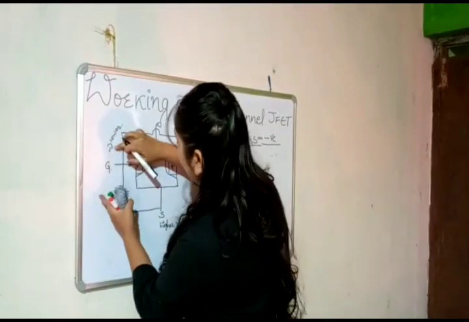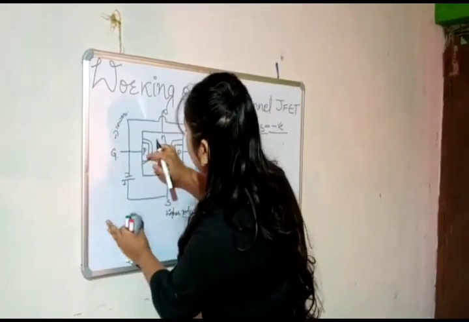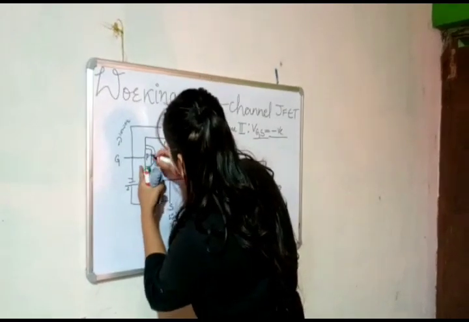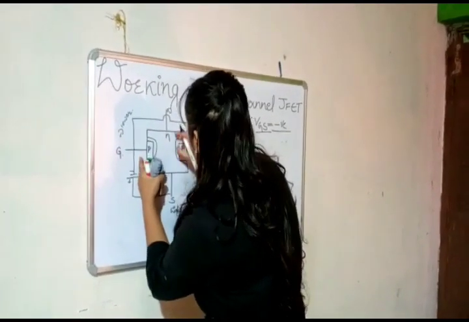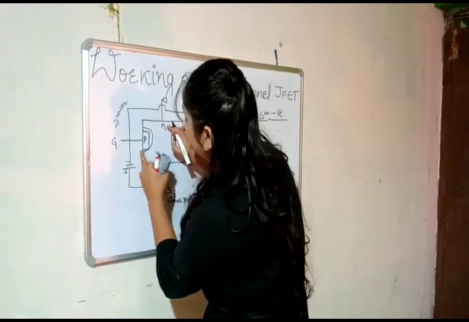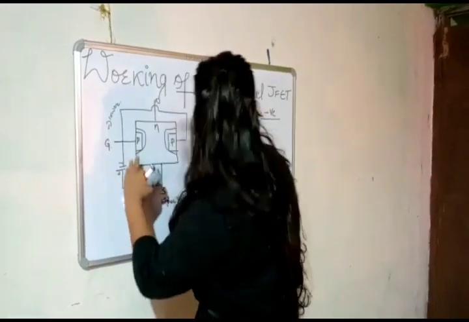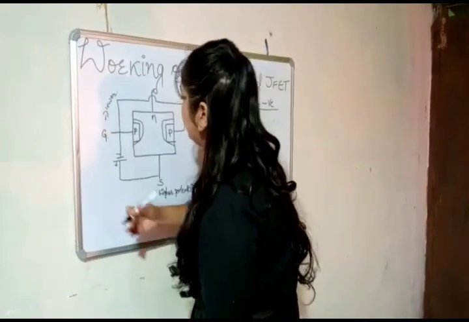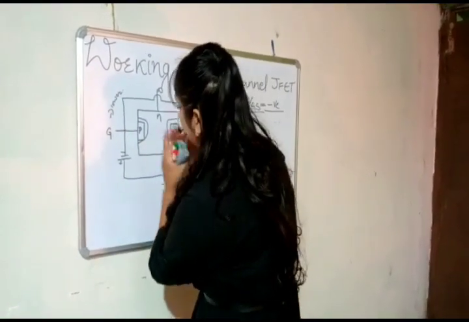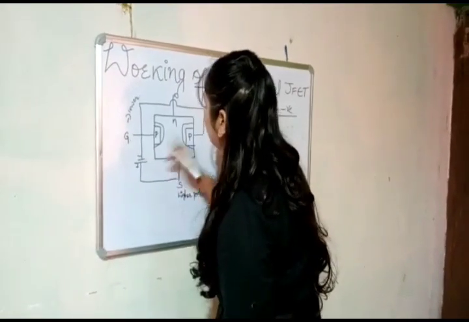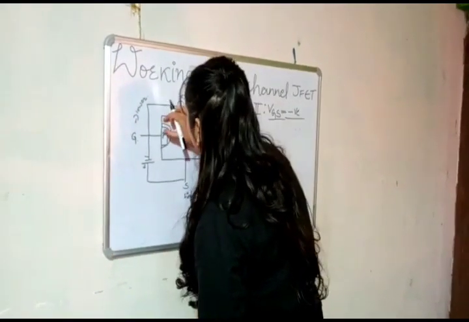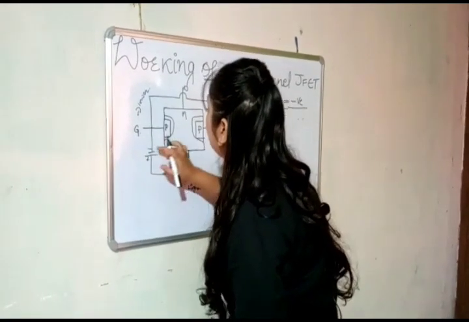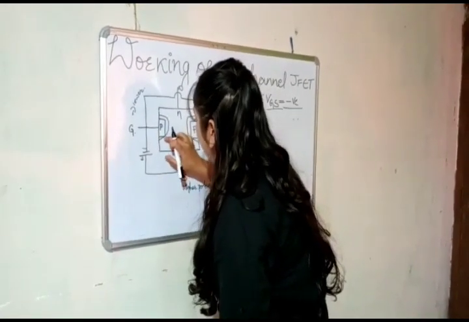When the gate is in lower potential, this P type of material will be in lower potential and N will be in higher potential. When VGS is more and more negative, it will be in reverse bias condition, and in reverse bias condition the depletion layer will increase. When we apply VGS negative, it will lead to the increase in depletion layer.